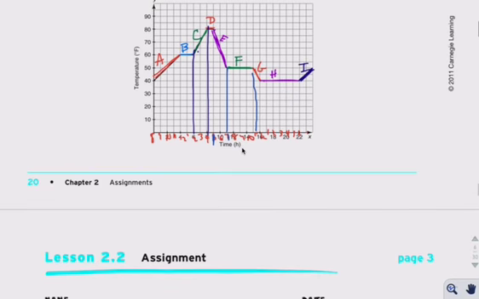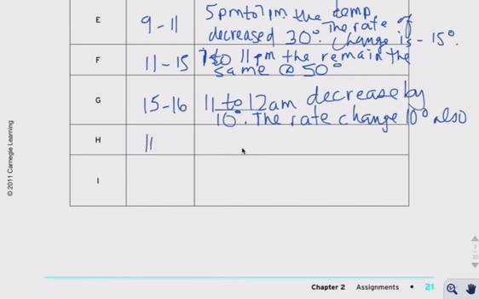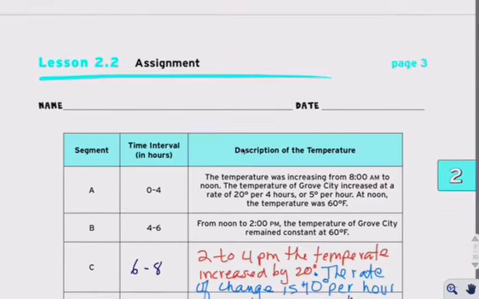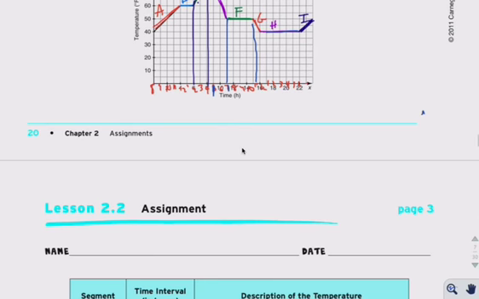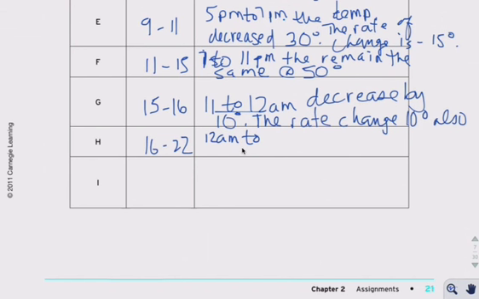Letter H is a flat line, and that's between the interval 16 through 22. Thank God, we're almost done. That's 12 a.m. to, is that 6 hours? Yeah, 1, 2, 3, 4, 5, 6. Yes, 6 hours, to 6 a.m. The temperature remained the same.